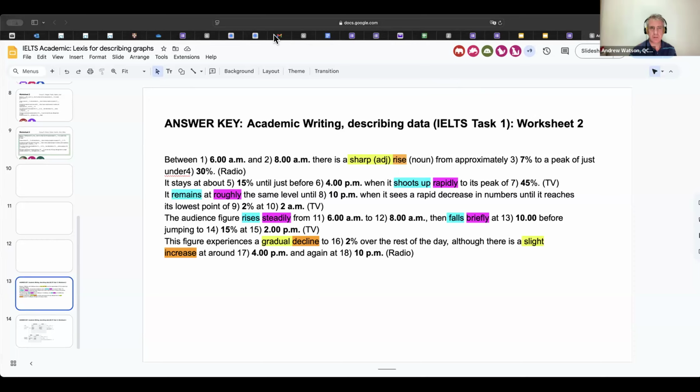While you're looking at the answers, let me just share worksheet 2 with you. So a good strategy is also to give students vocabulary word building options.